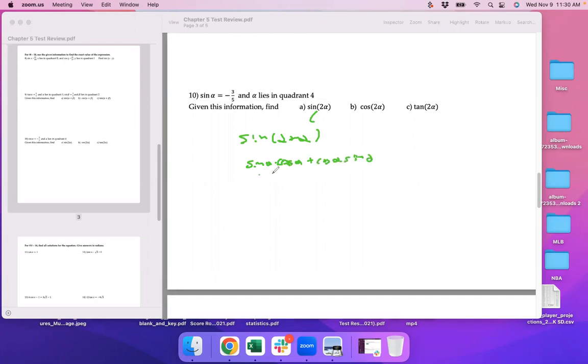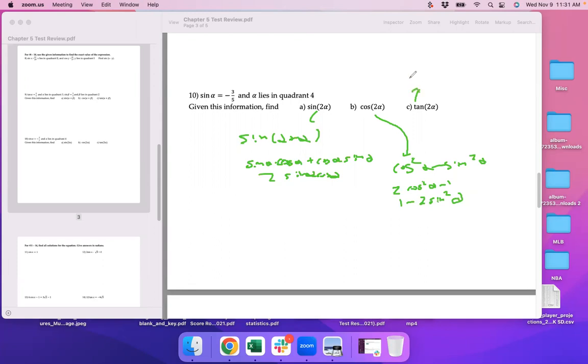So you wind up just getting 2 sine alpha cosine alpha because it's repeated. Cosine 2 alpha can be expressed actually 3 ways. You can use cosine squared alpha minus sine squared alpha, or you can do the Pythagorean trig identities and say it's 2 cosine squared alpha minus 1, or 1 minus 2 sine squared alpha. It's up to you.